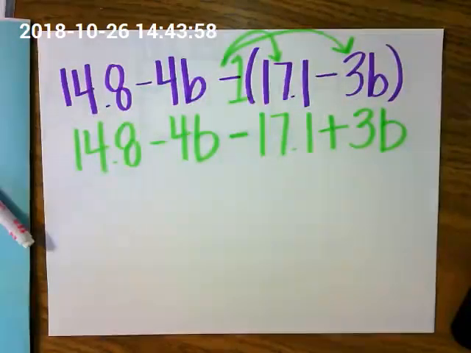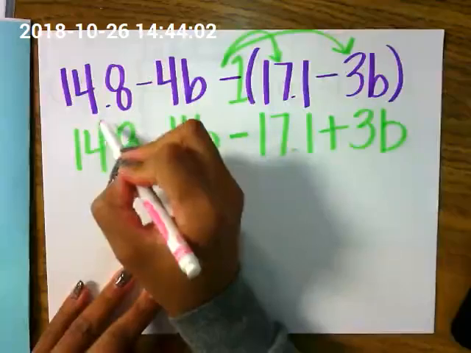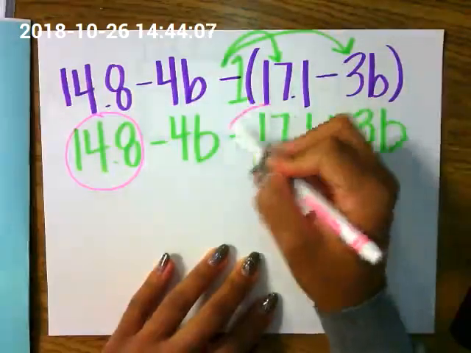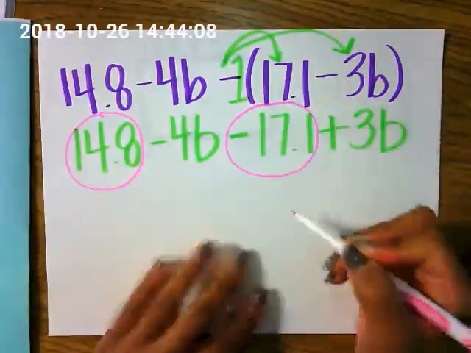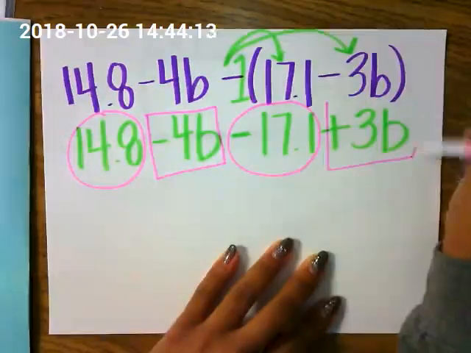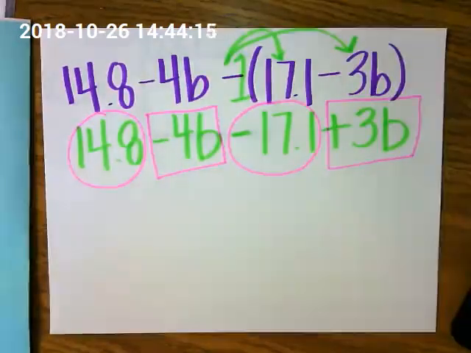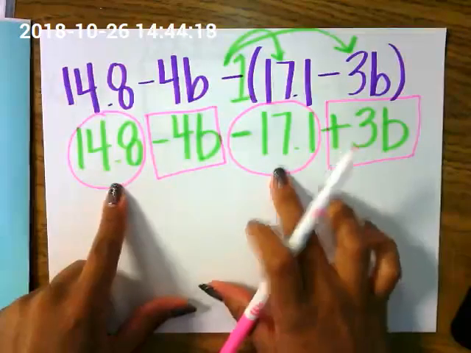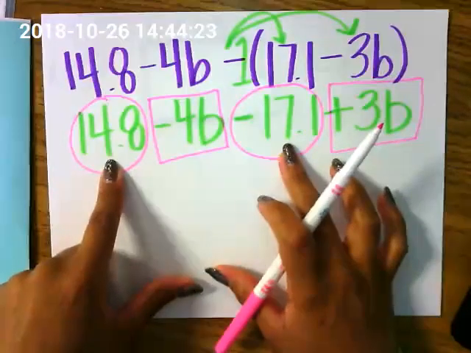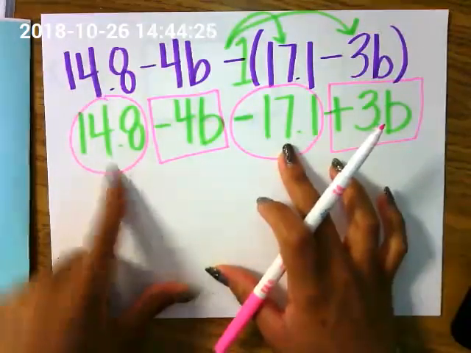All right. So now we can locate our like terms. We have 14.8 and -17.1, and then -4b and positive 3b. So 14.8 and -17.1, are those the same sign or different? Different. So we need to go ahead and do what operation? Subtract.